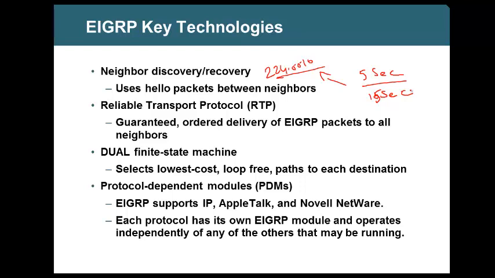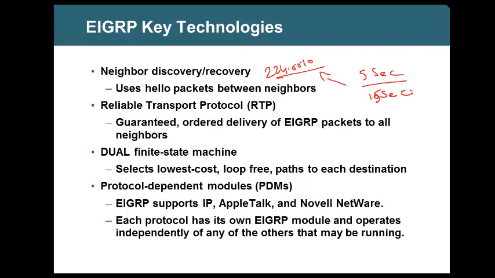Protocol dependent module, meaning for every network layer protocol, there is a module which you need to enable. For IPX, you need to enable the IPX module of EIGRP. For AppleTalk, you need to enable the AppleTalk module of EIGRP. Every network layer protocol depends on its own module.